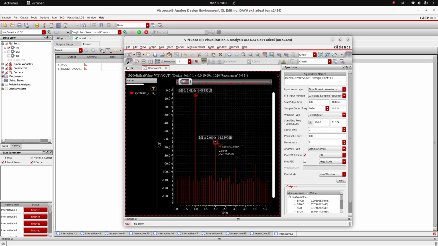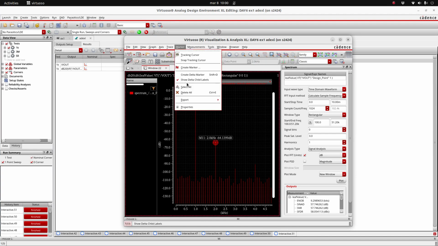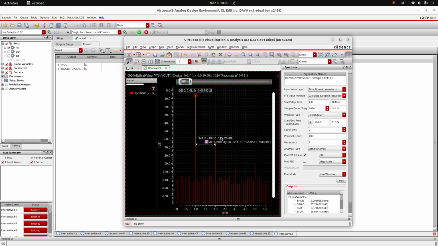We put a marker on the second order distortion, and then let's create a delta marker to see the distortion level. So we created the delta marker, and then we have that the distortion that we have at low frequencies, the second order distortion D2, is minus 58 dBs.